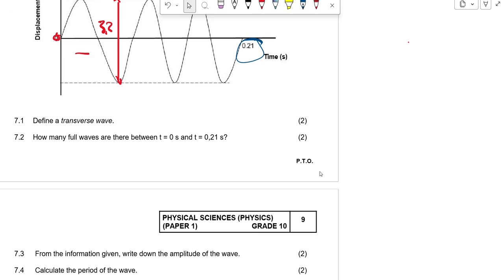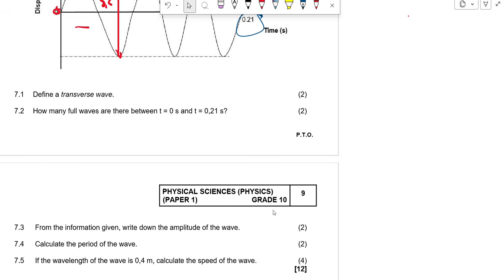And then the next question says, or the last one, if the wavelength of the wave is 4, meaning 0.4 meter, calculate the speed of the wave. So it's simple. Do you know the formula that says speed is equal to lambda divided by time?